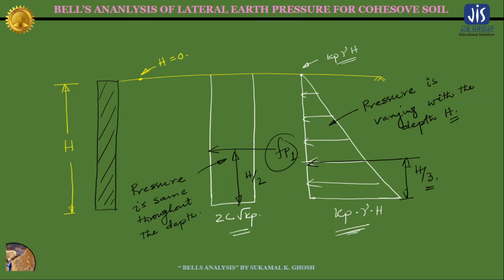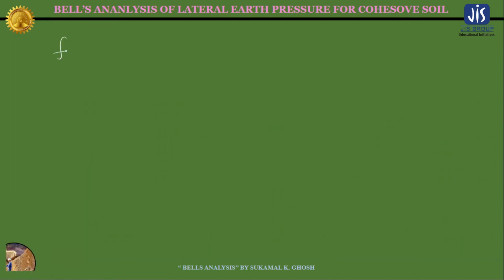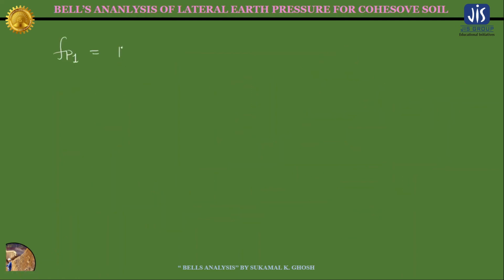The value of the Fp1 is nothing but the area of this rectangular pressure distribution diagram. So let me write it here. The Fp1 will be the area of this rectangular portion, right? So the base width is 2c square root of Kp and the height is h. So it will be h into 2c square root of Kp, right?